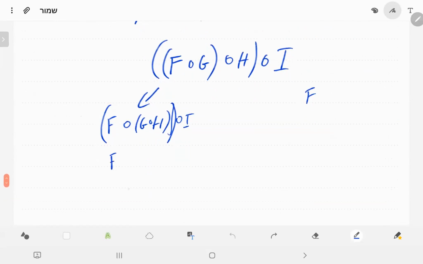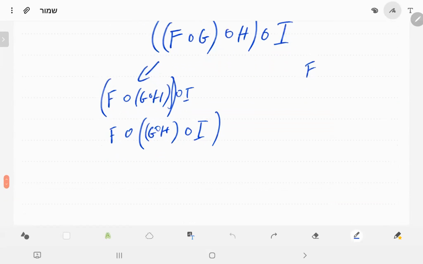Now F, G, H, I. We still move from left, the first two to the second two. And now 1, 2, 3, 4.